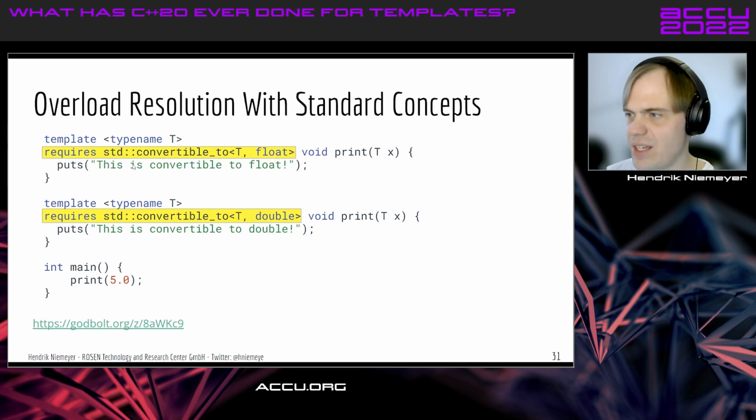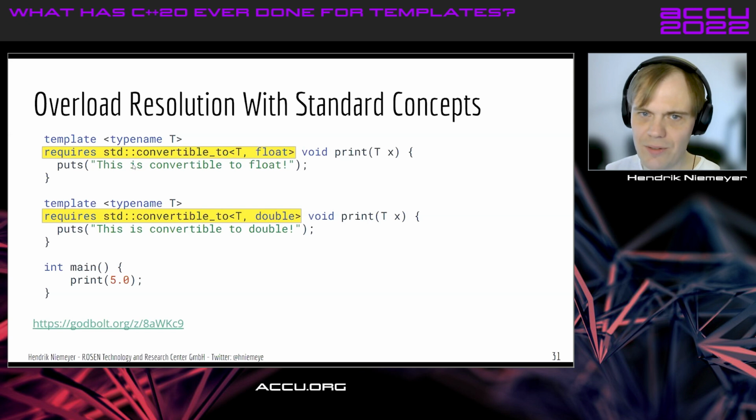One checks if something is convertible to float, and the other checks if something is convertible to double. And these are, of course, two constraints which are most often fulfilled at the same time. There's no case of subsumption or anything else here at all, and this will just lead to compilation errors. So, from looking at it, it makes no sense to have these two things at the same time.